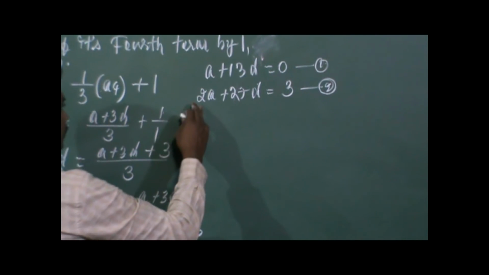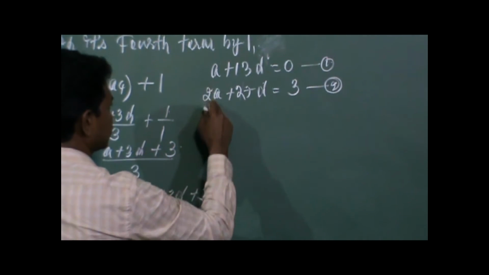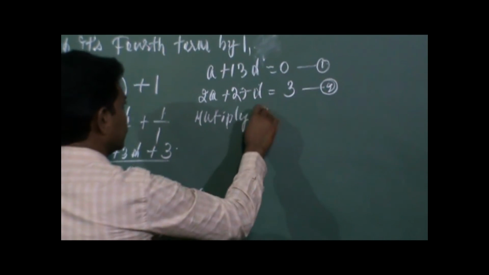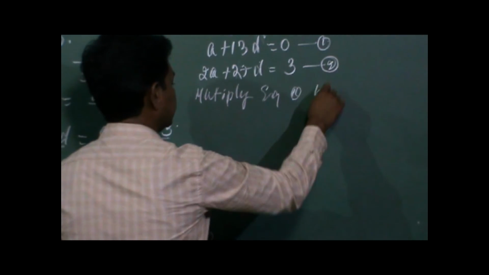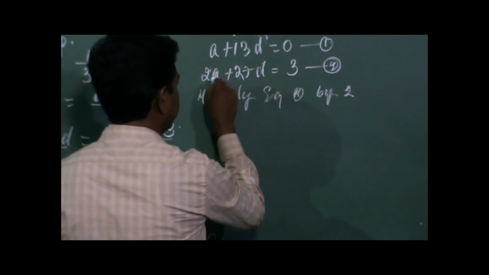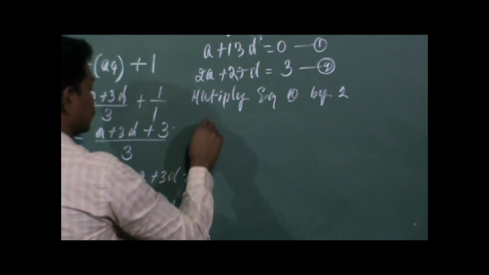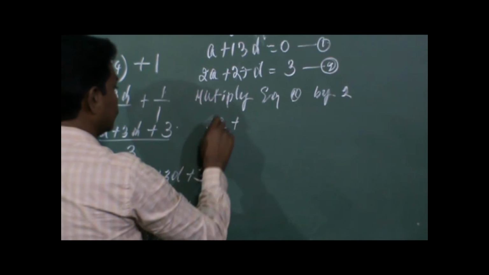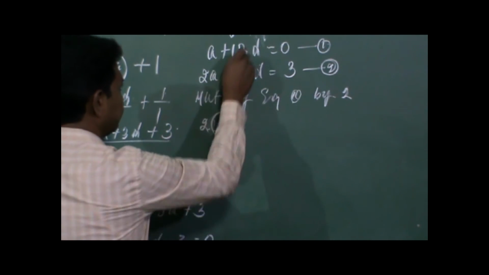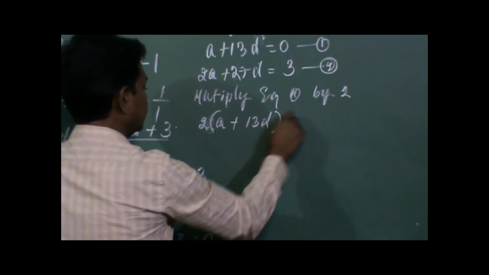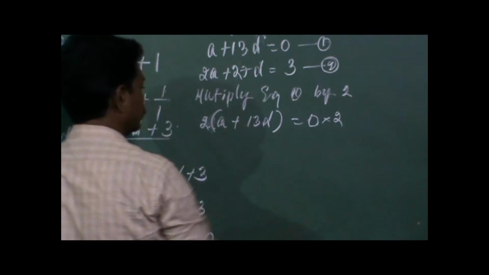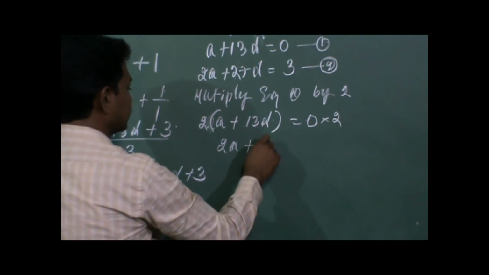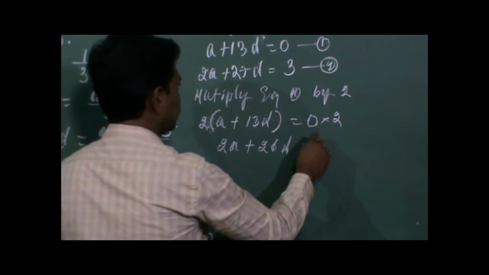In order to make the first terms equal, multiply equation 1 by 2, that is the coefficient of A in the second equation. So 2 into A plus 13D is equal to 0 into 2. 2 into A is 2A plus 2 into 13D is 26D is equal to 0.